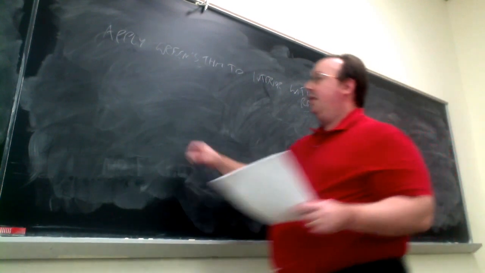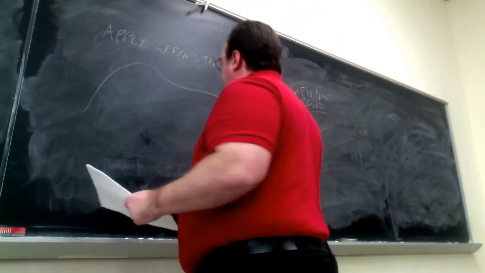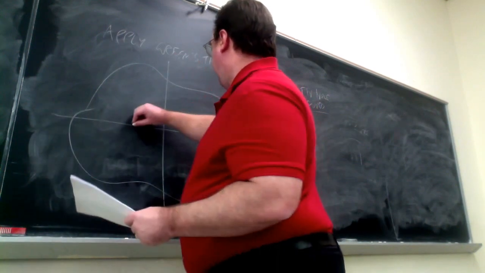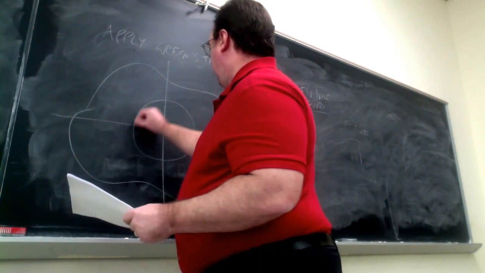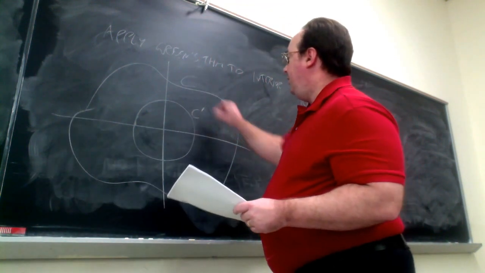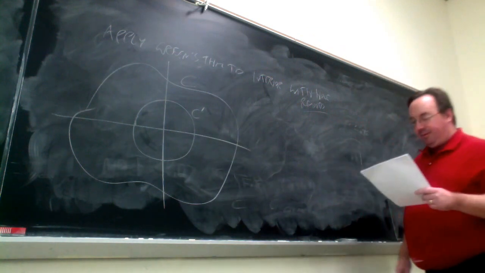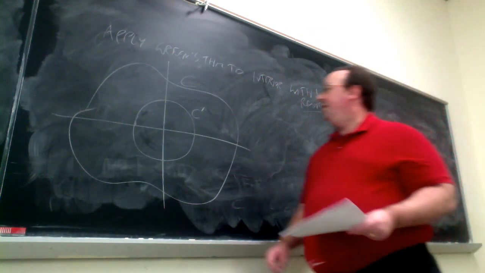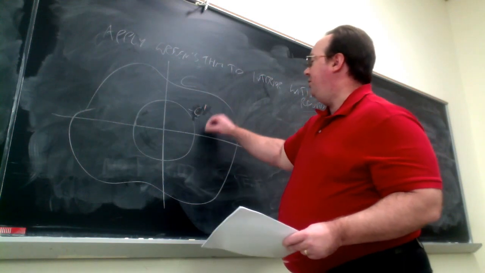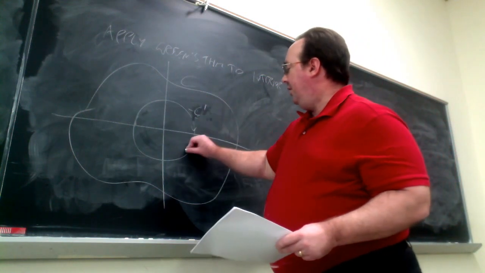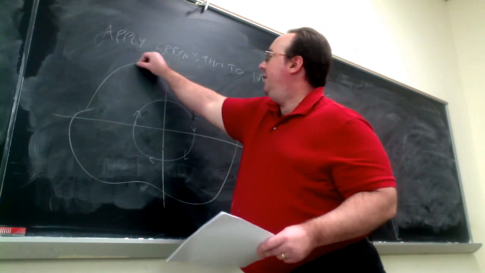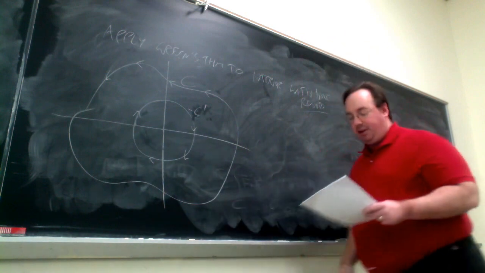If I were to redraw this a bit bigger, here's my curve C. I'll call this C prime. Actually, call it minus C prime to be consistent with my notes because we have to orient it this way. C is already oriented counterclockwise.